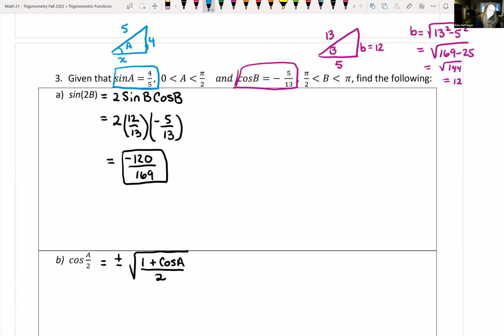Let me just call it X, which is adjacent to A. So using that Pythagorean theorem, I get x is equal to the hypotenuse squared minus the opposite side squared, all underneath that radical. So we have the square root of 25 minus 16 equals the square root of 9. So my adjacent side on that triangle is equal to 3.